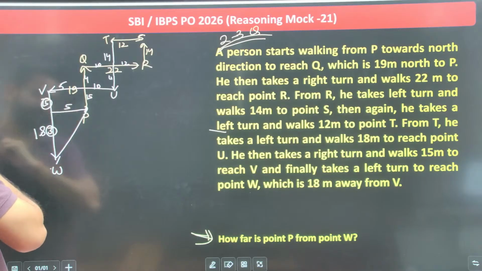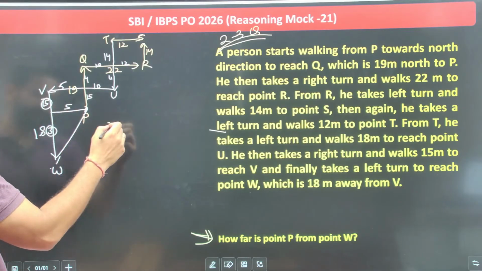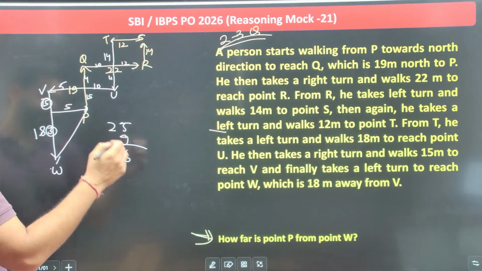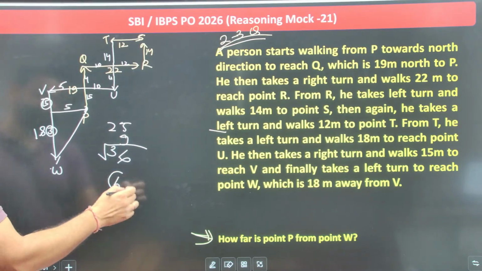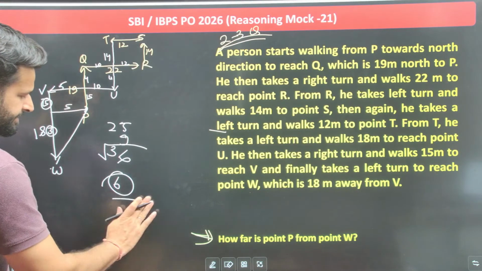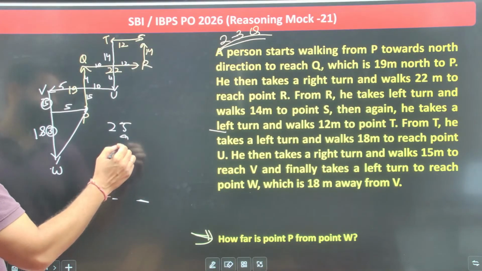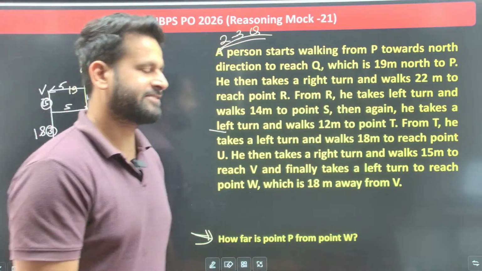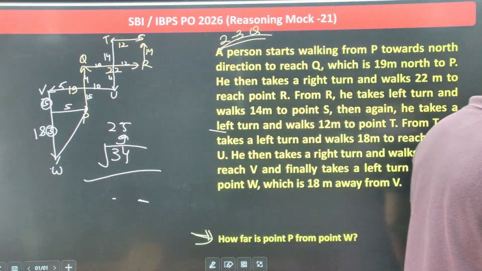This is 3. This is 15. This will be 5 fives are 25, 3 threes are 9. 9 and 25 is 36, so 6 will be the answer? Sorry, my mistake. 25 and 9 is 34. Under root 34 will be the answer, not under root 36.